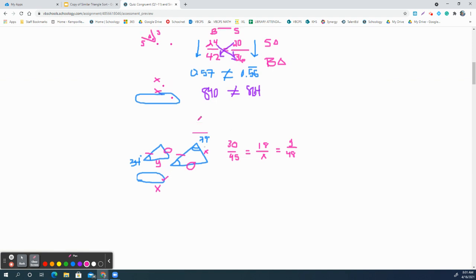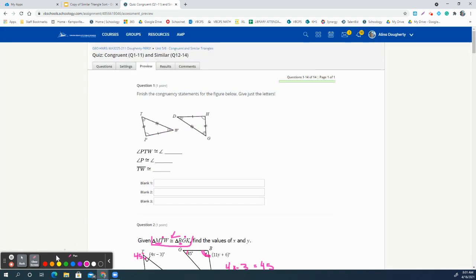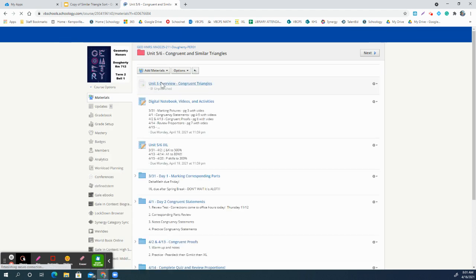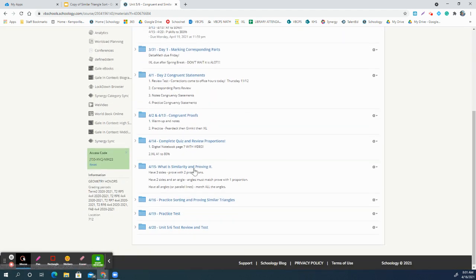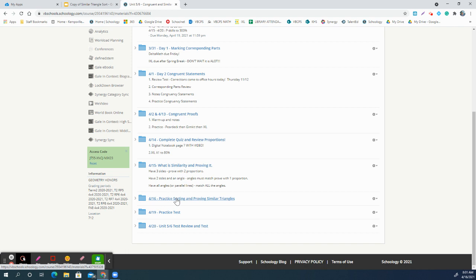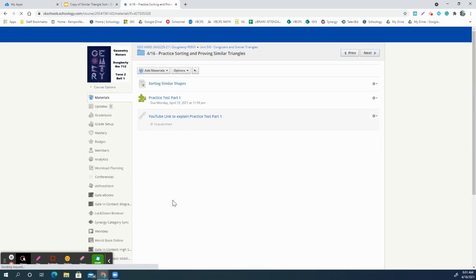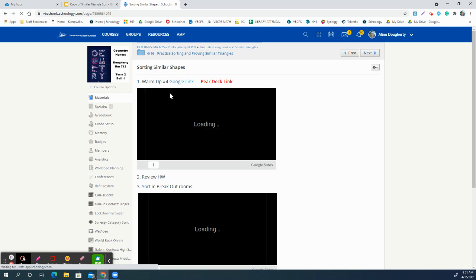Hopefully everybody was able to complete or improve their score on that. We've got one more thing to do, and then I'm going to let you go just practice on problems. So if you go into today's folder, there's a sorting activity that I think will be super helpful. I'm going to give you about 10 minutes to work on it.